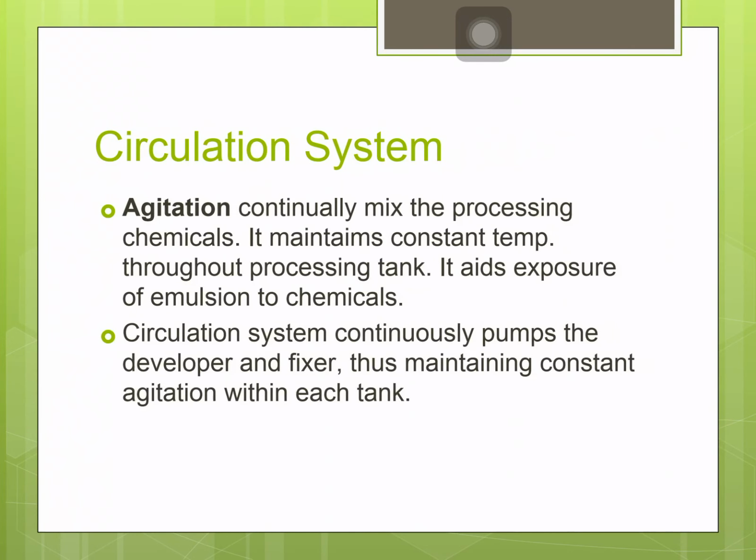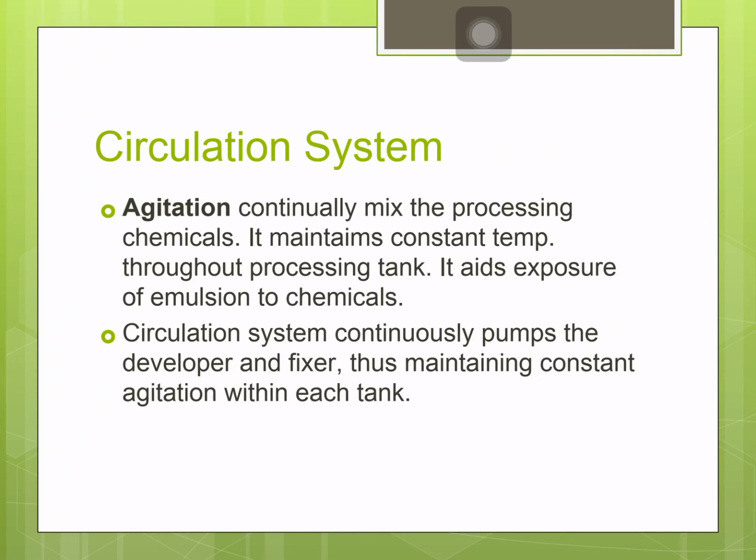Next, we have a circulation system in our automatic processor. So, katulad nga nung nabanggit ko kanina, kapag manual processing, mano-mano yung paghahalo ng mga solution in our chemical tanks. Pero dito, kay automatic processor, meron tayong rollers na magko-continue na mag-mix ng ating processing chemicals or yung tinatawag nating agitation. So, this maintains constant temperature throughout the processing tank.